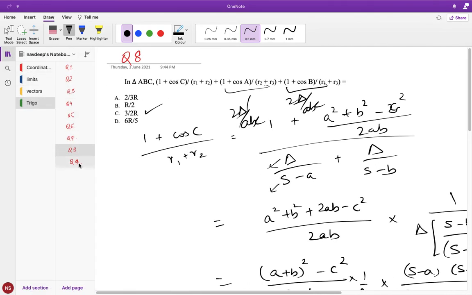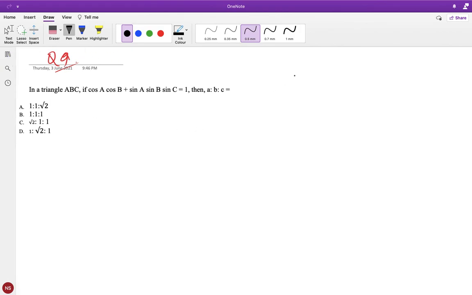Let's look at the last problem on trigonometry. If in a triangle ABC, cos A cos B plus sin A sin B sin C is 1. So I thought this was a very tricky problem.